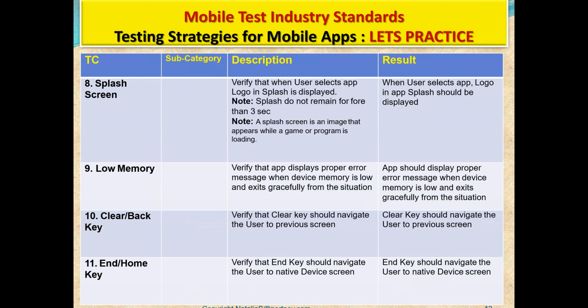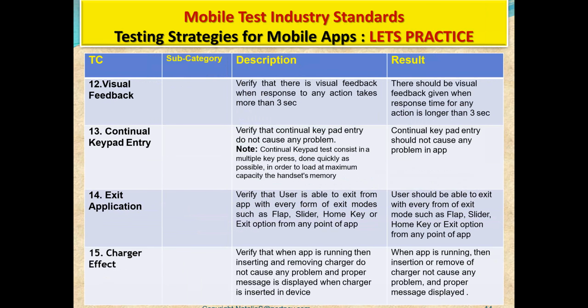And end and home key, it should navigate to the native device screen. Okay, please remember there's two conditions, like a clear back key going to the previous screen, and end home key, verify that you abandon the app, you close it, and you go back to the native device screen.